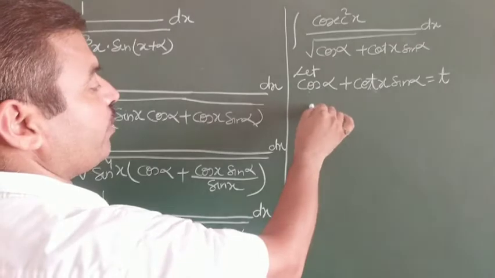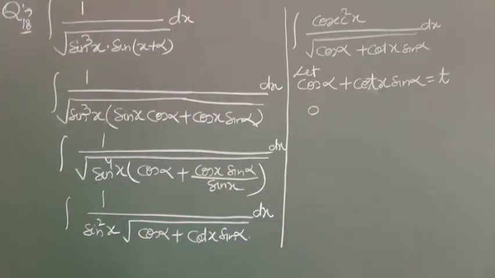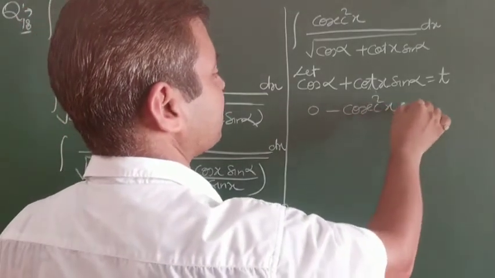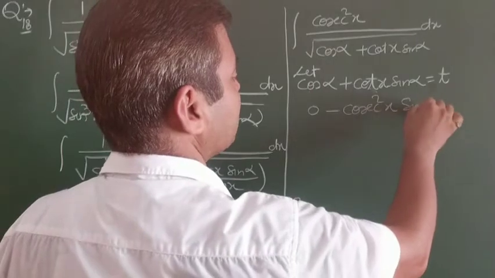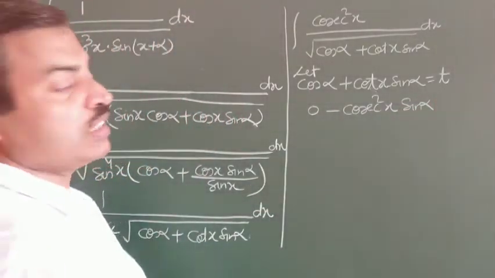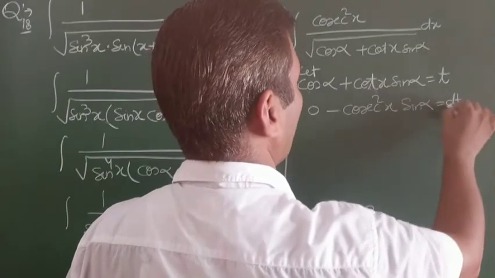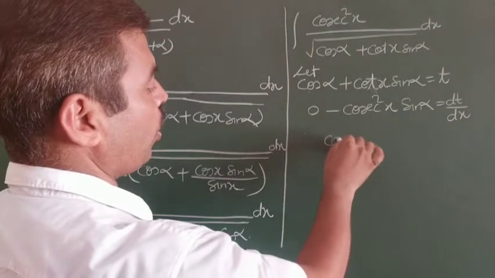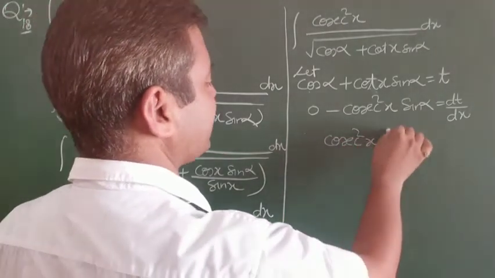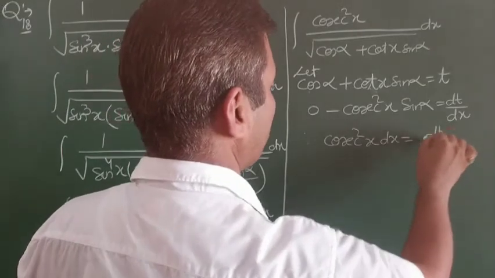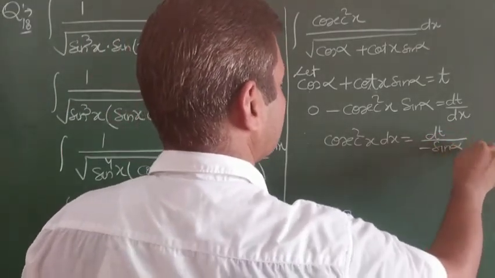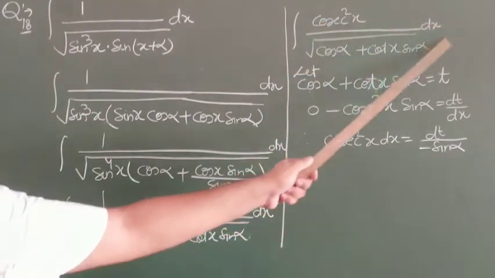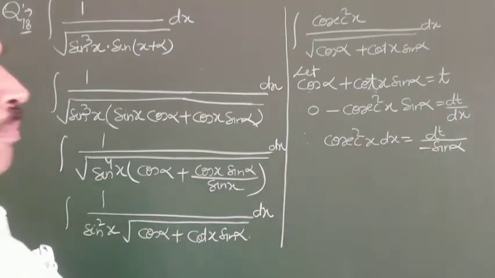Cos alpha derivative is 0 because it is constant. Cot x derivative is minus cosec square x. Sin alpha is constant, so it will remain as it is, and dt upon dx. So therefore cosec square x dx equals dt upon minus sin alpha. Okay, so in place of cosec square x dx we can write dt upon minus sin alpha.